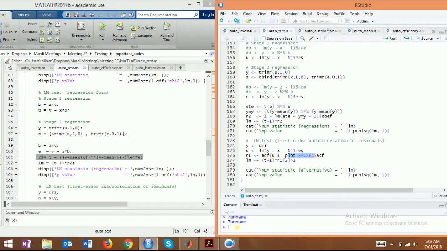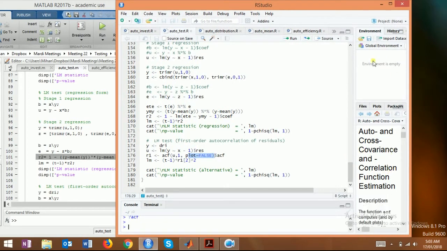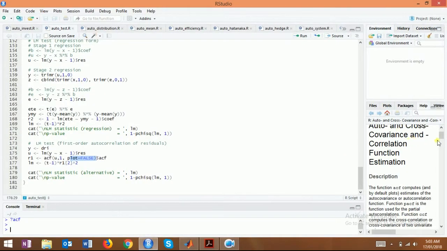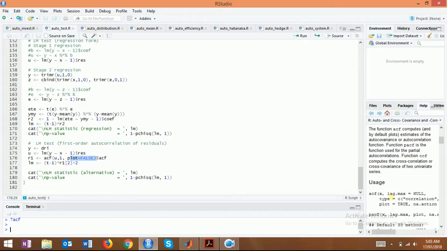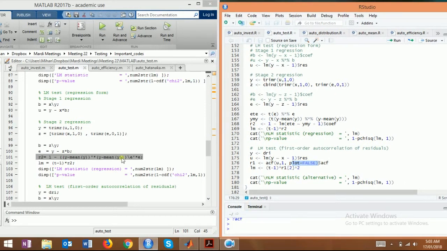Autocorrelation function on u with one lag. Autocorrelation, autocovariance and correlation function estimates, one lag on u, right? So that's what it says, one lag on u.